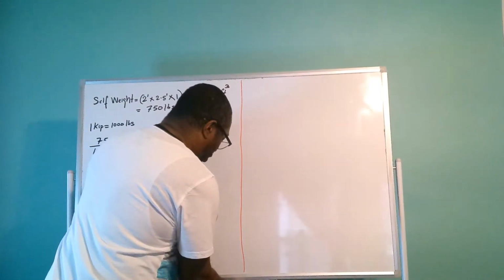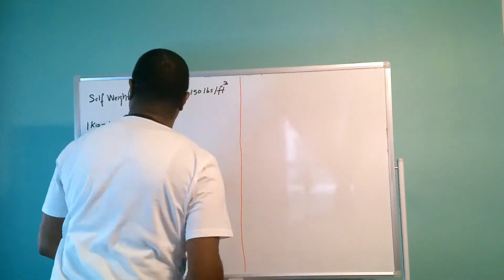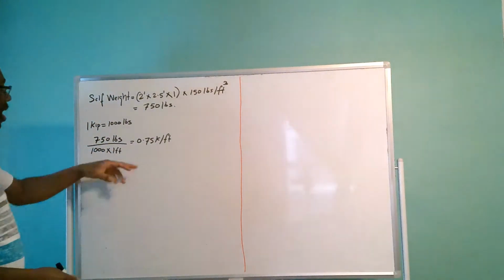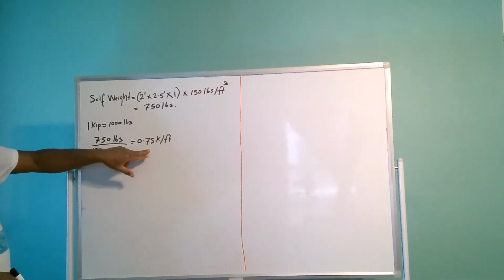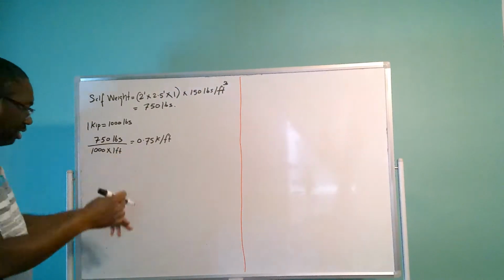Now that we know the self-weight of the beam, we can add this self-weight to the dead load.